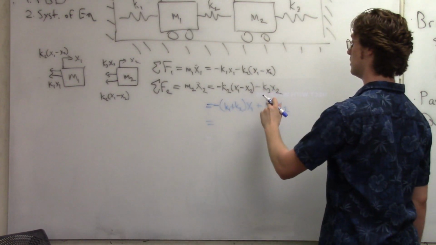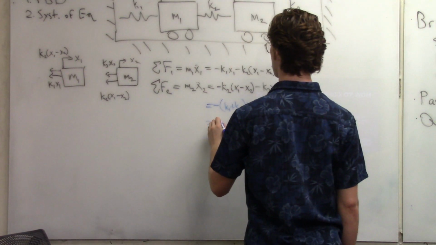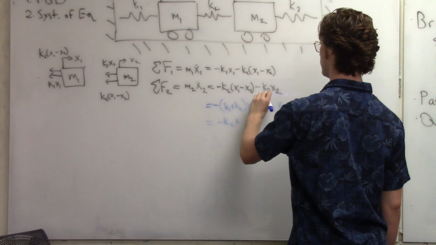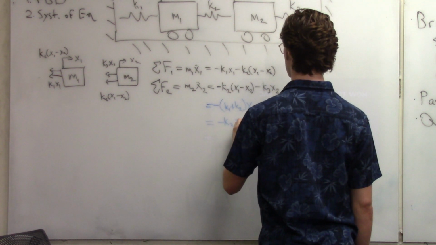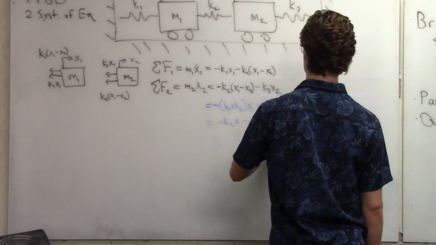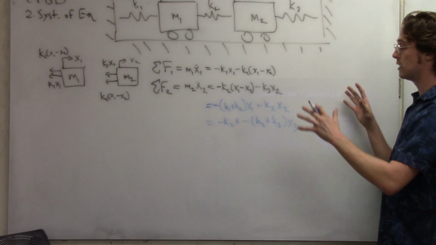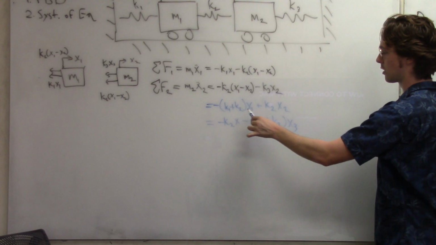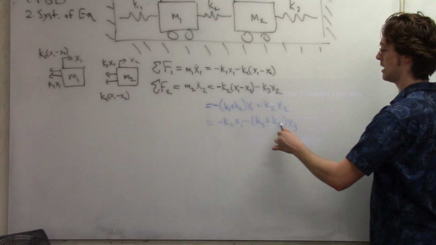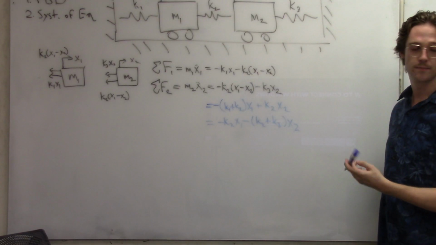And this one, looking at x1, is going to be a negative k2 x1, distribute this negative, and then that negative, and you're going to have a minus k2 plus k3 x3. Alright, so now we've redistributed our terms so that we have an x1 term with a combined coefficient, and an x2 in both of these equations.